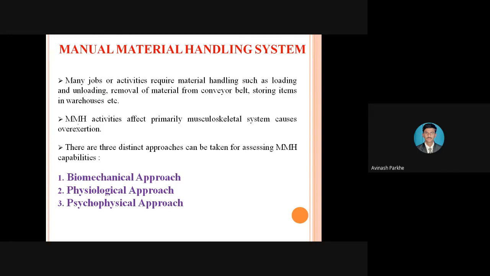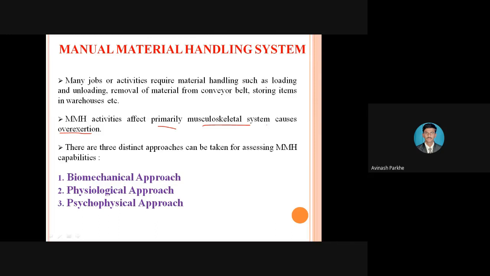MMH, in short, I have written manual material handling. Capital M, capital M, capital H represents manual material handling. Activities affect the musculoskeletal system and cause overexertion. Sometimes some heavy components have maximum weight and have to be handled by the operators. He can handle them at that time, but afterwards there may be a possibility of overexertion.